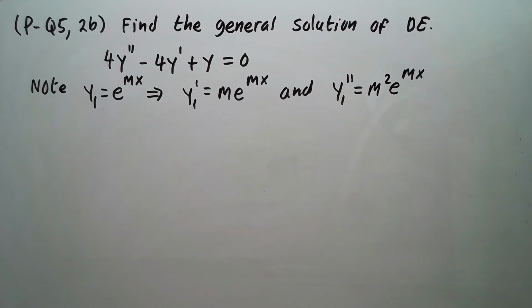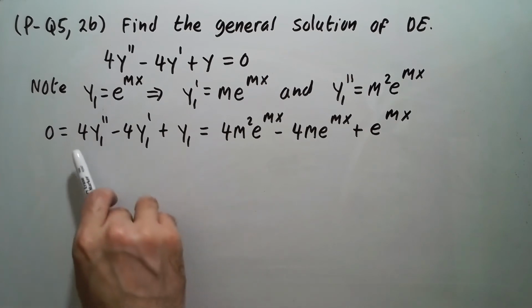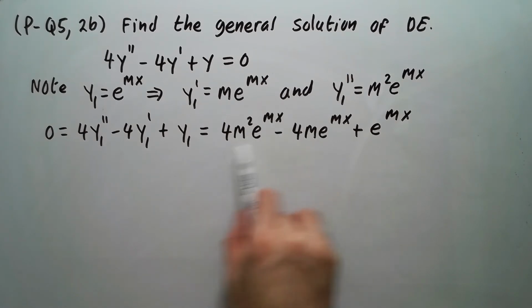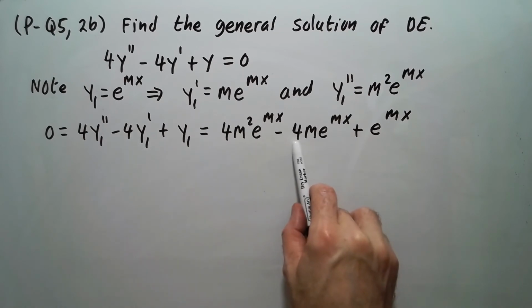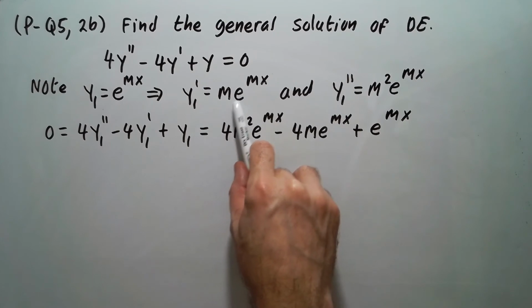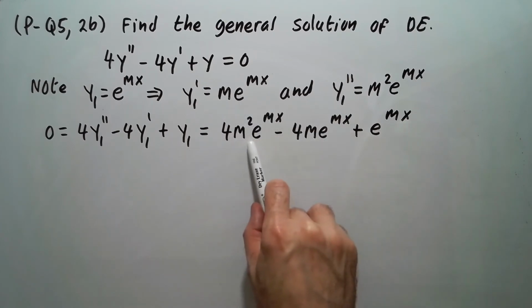So plugging in, you'll have 4y1 double prime, so 4m squared e to the mx, minus 4y1 prime, which is m e to the mx, plus y1, which is e to the mx. Let's factor the e out.